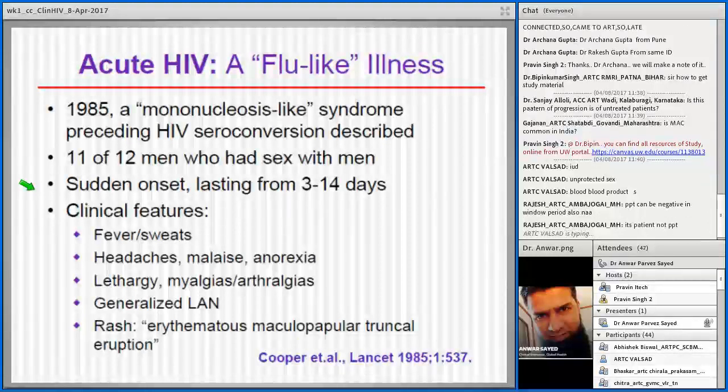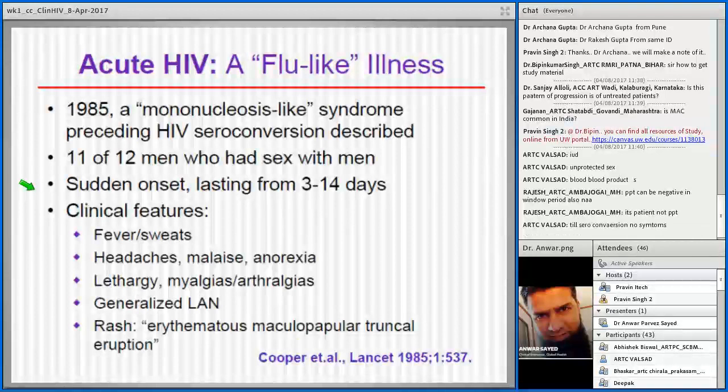There can be a generalized lymphadenopathy, mainly because of the exponential multiplication of HIV in the lymph nodes, which increases the size of the lymph nodes. There will be headaches, malaise, anorexia, lethargy, and rashes may happen at that point of time.